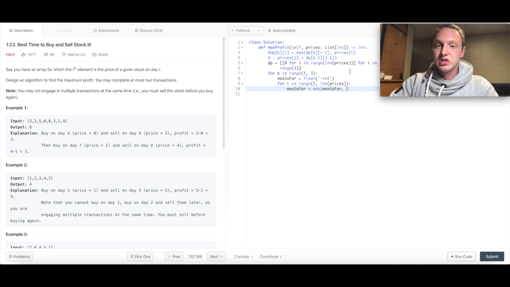So we know which is the maximum number for that, so we can calculate our general dynamic programming formula. So how we would do that, it's dp[k-1][i-1], and we would subtract prices[i-1].